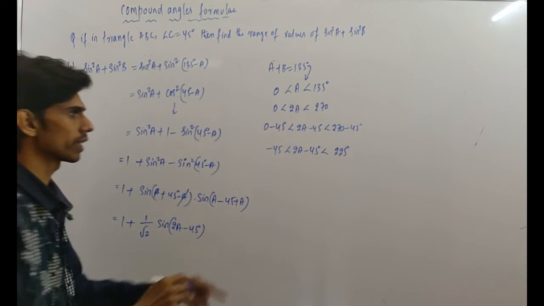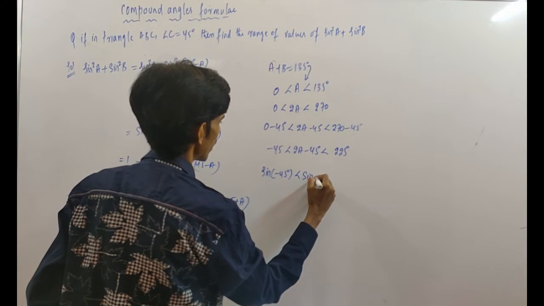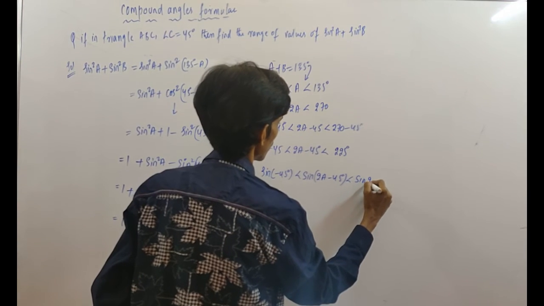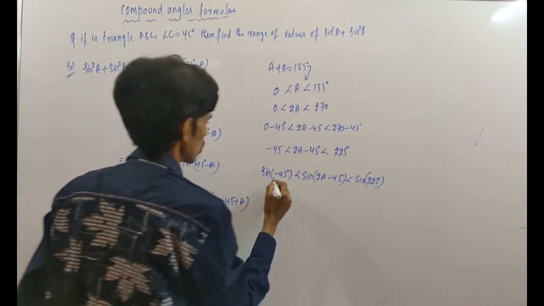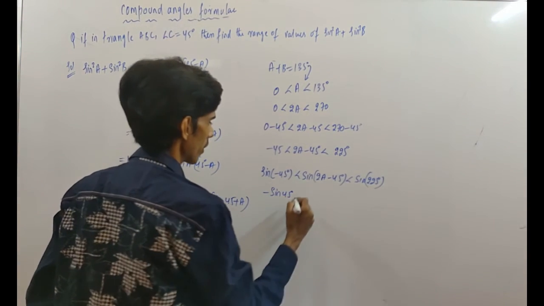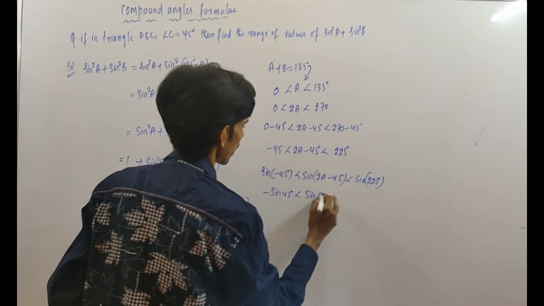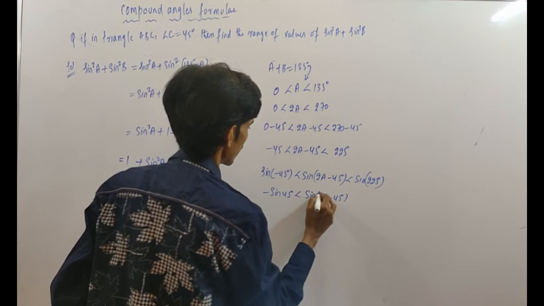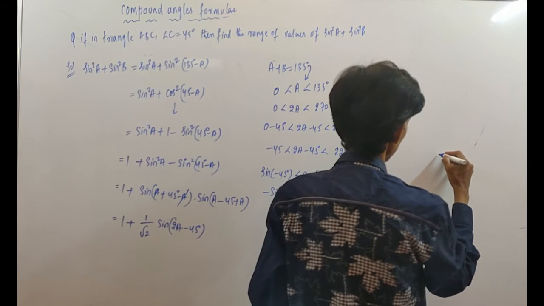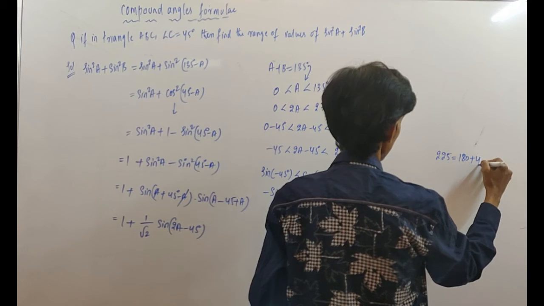Here we have sine, so apply sine on both sides: sin(minus 45 degrees) less than sin(2A minus 45 degrees) less than sin 225 degrees. The minus comes out of the sine, so it becomes minus sin 45. Now 225 can be written as 180 plus 45.